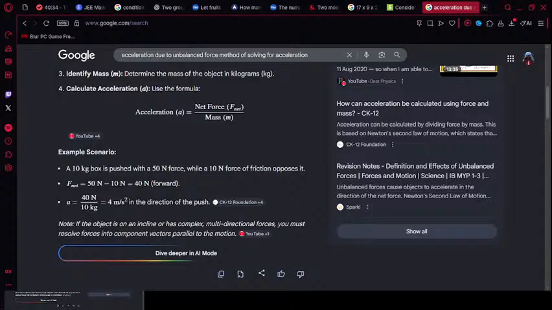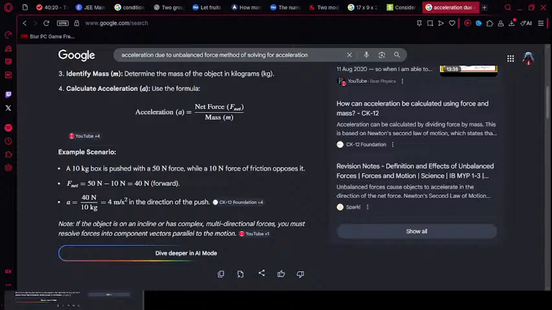What was the mass of M1? 5 kg. So 50 plus 1, divided by 5.